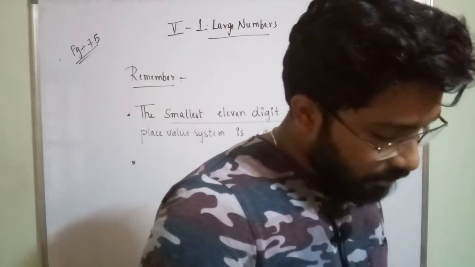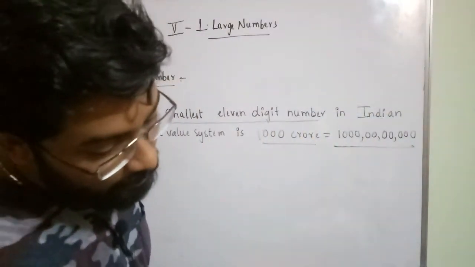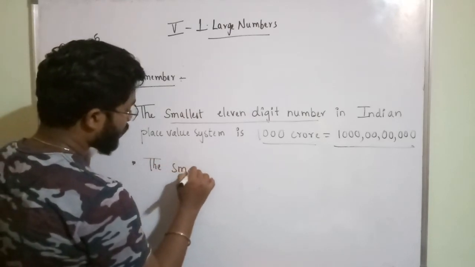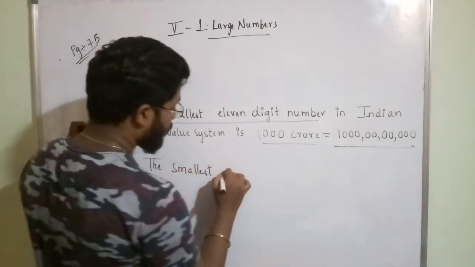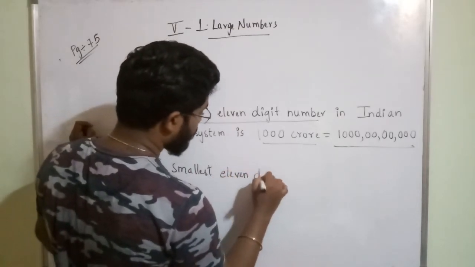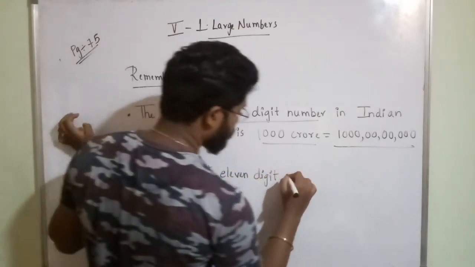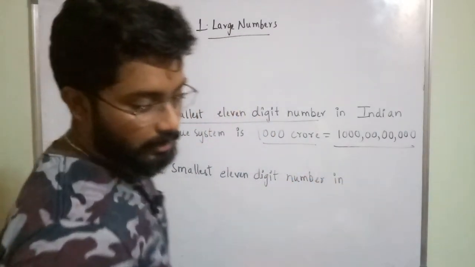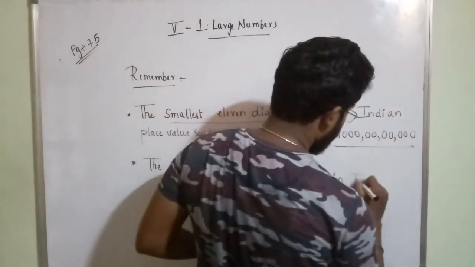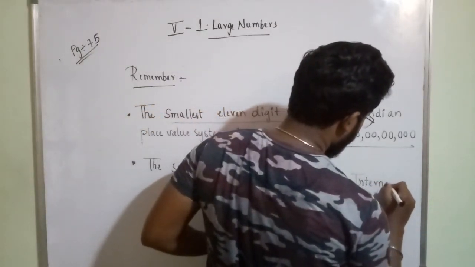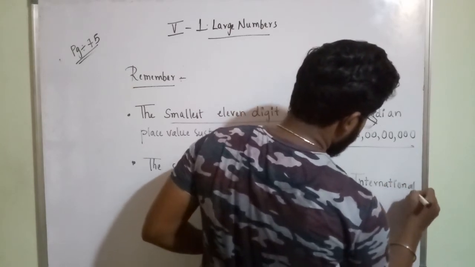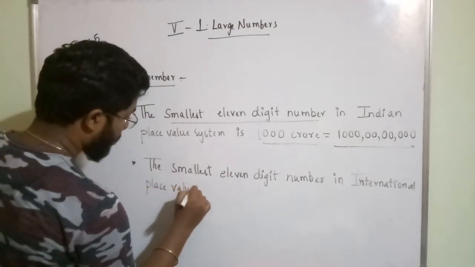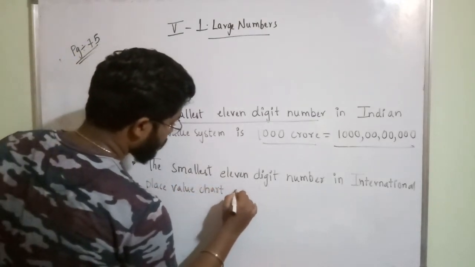The smallest 11 digit number in international place value chart is what?